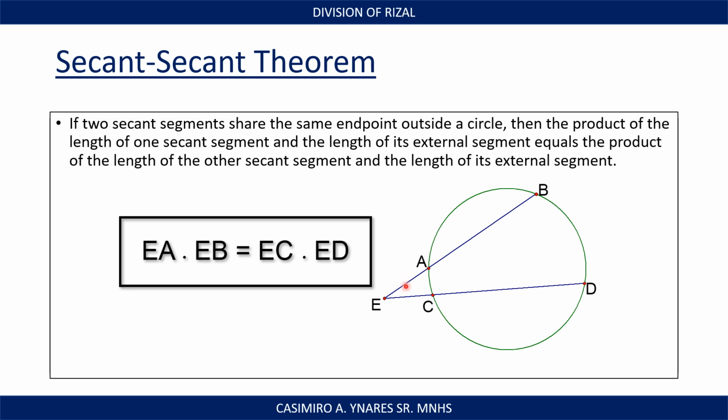So we have there EA, yung external natin, imumultiply lang natin kay internal, which is EB, and the other secant is EC, yung external, at yung internal natin na yung isang line natin na ED. Okay? Again, EA, tapos yung kabuuan, EB, and then EC, tapos yung kabuuan ng secant is ED.